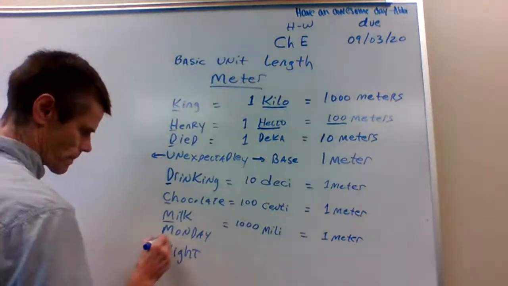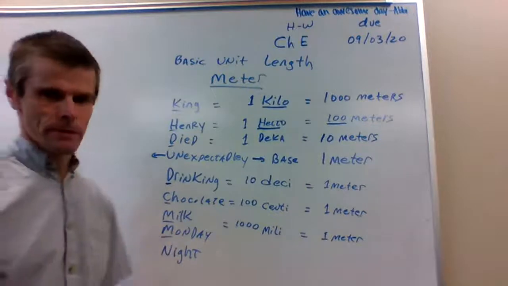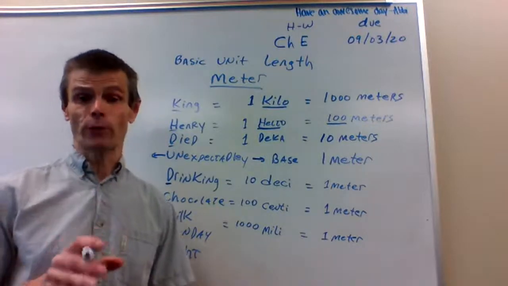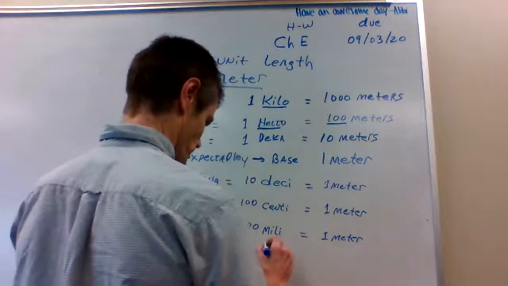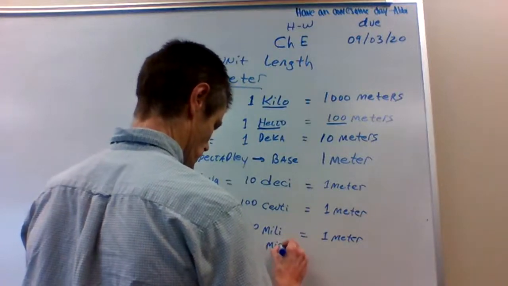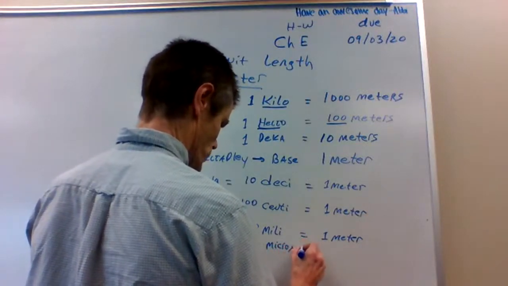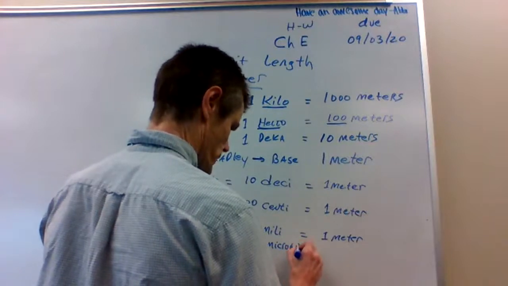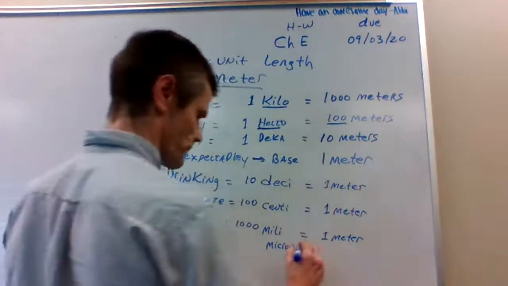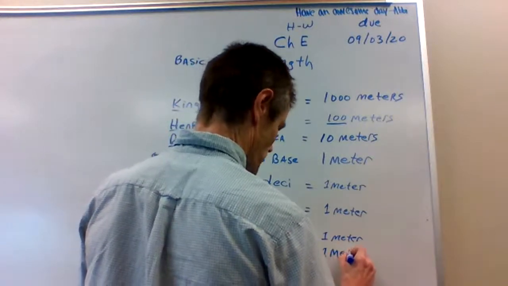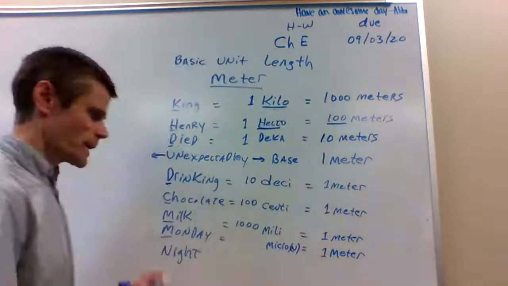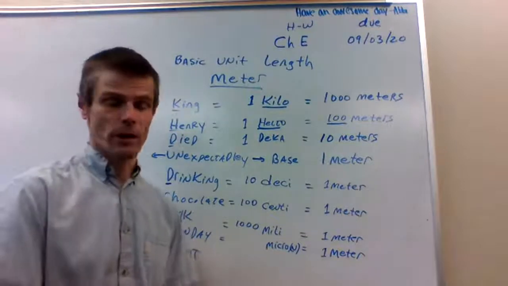Monday. The other M is known as the micro. Sometimes we use a U. You might see a U. It's the Greek symbol mu, actually. 1 meter, we can write this with a string of zeros.